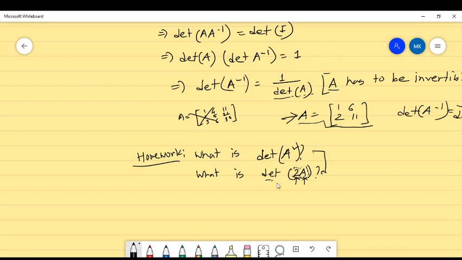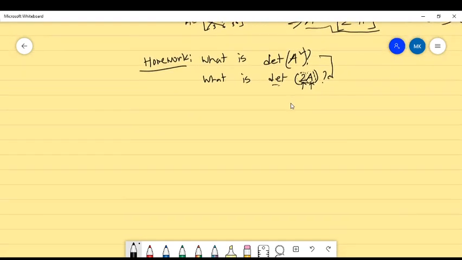So with this we come to our last property, which is that the determinant of A transpose is equal to the determinant of A. How can we show it?